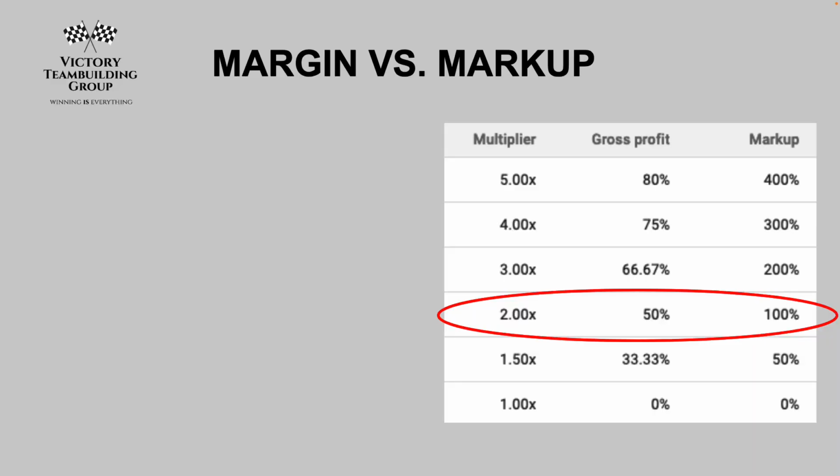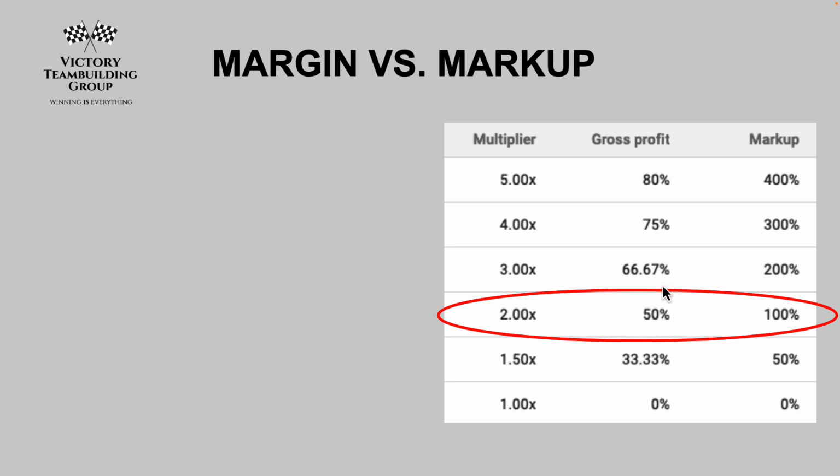Another thing I want to say about understanding these numbers: it can be confusing. Typically on parts markups, we're looking for something between 50 and 60%, let's say. In labor, you're looking at somewhere around 65 to 70% gross profit.